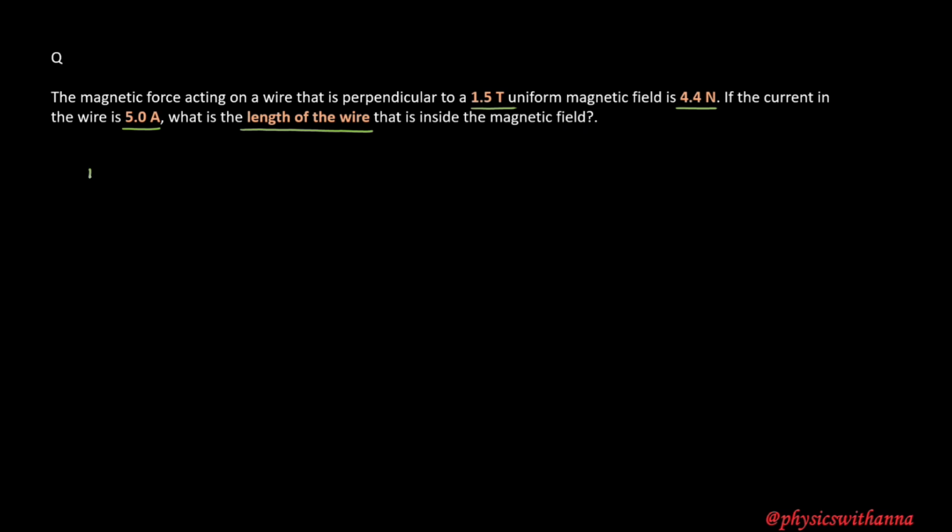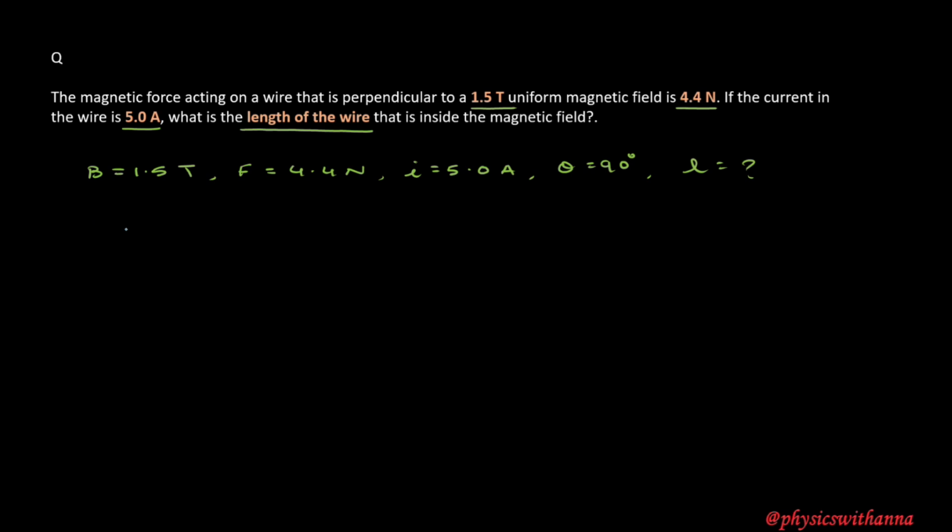So here I have magnetic field B of 1.5 Tesla. We have the magnetic force on the wire, which is 4.4 Newton. The current in the wire is 5 ampere, and the angle between the magnetic field and the direction of current is 90. We need to find what is the length of the wire.